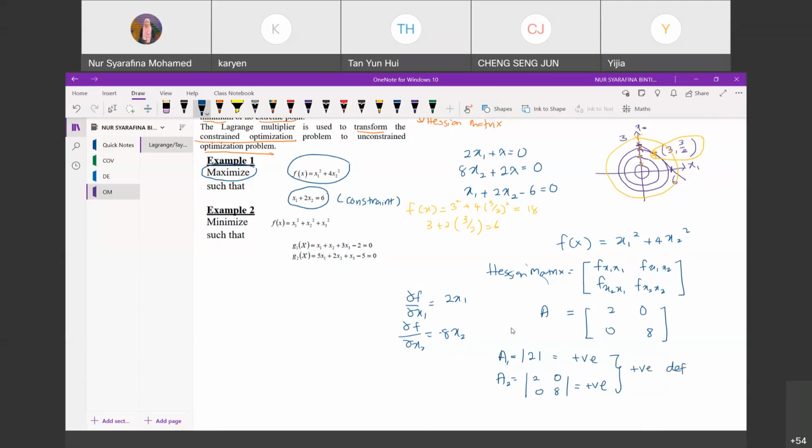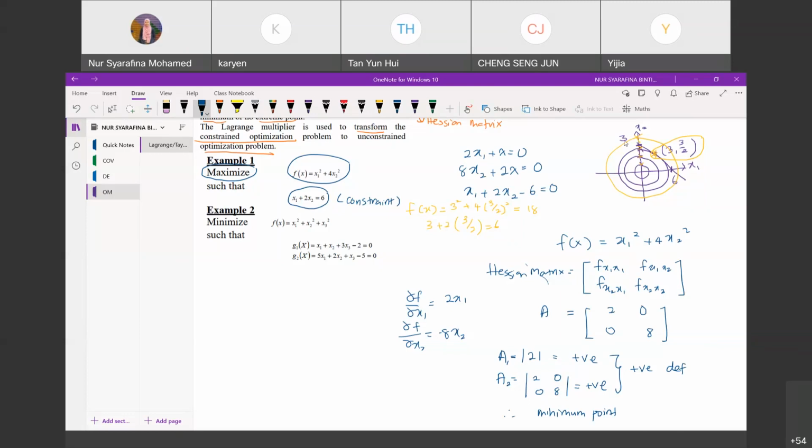So when it is positive definite, then the critical point that you obtain is minimum or maximum? Minimum. So instead of using the level curve, as you can see from the graph, it is not shown that that is the maximum point from the curve, and it is also proven in the Hessian.